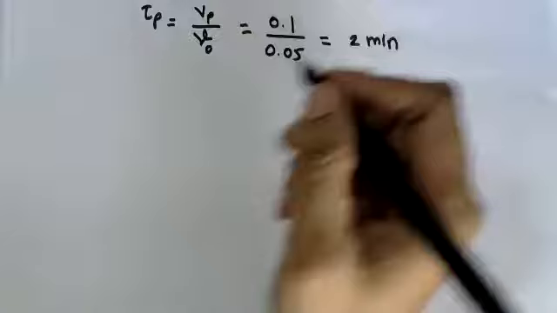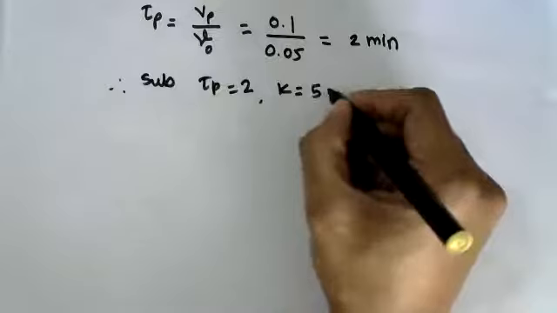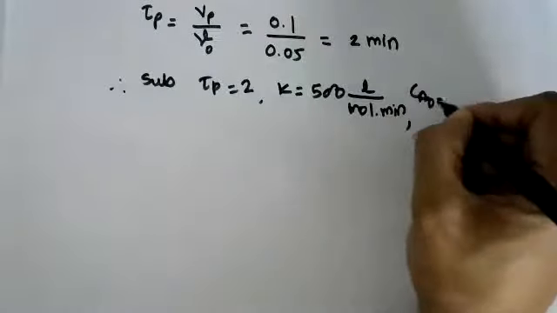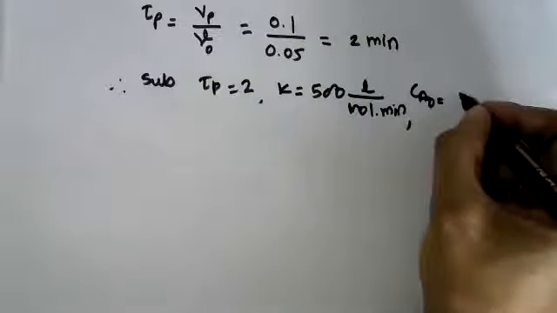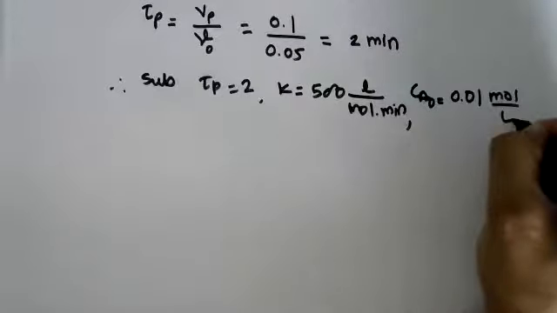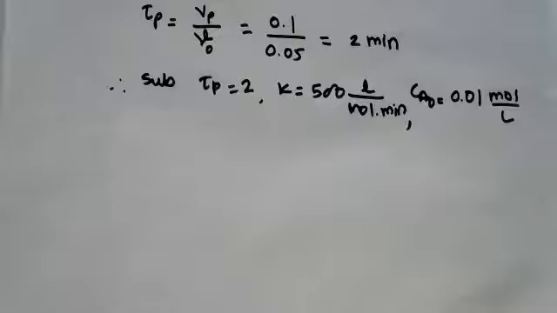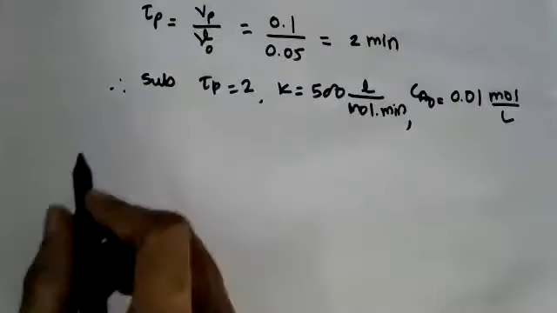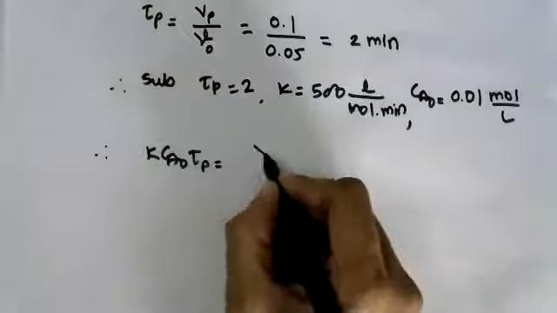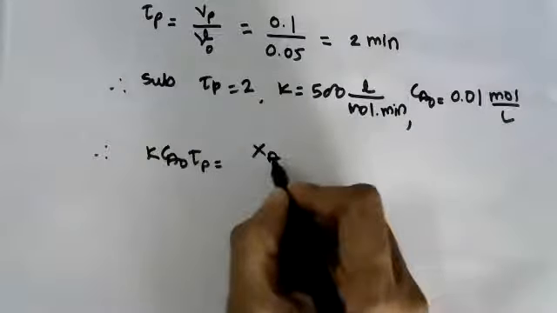Therefore, substitute tau p equal to 2, k equal to 500 liter per mole per minute, and CA0 equal to 0.01 mole per liter in the previous equation. That equation was k CA0 tau p is equal to xa upon 1 minus xa.